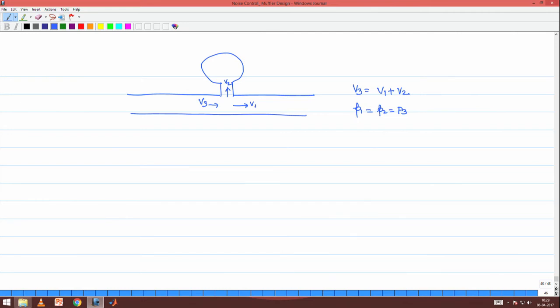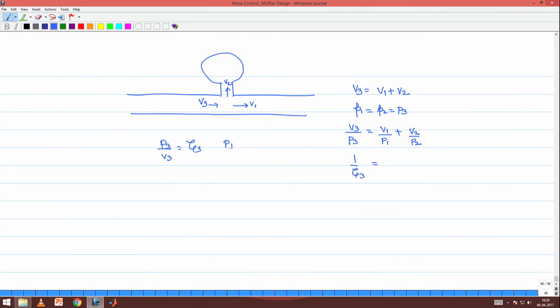Now if this is so, then what we can write is V3 by P3 equals V1 by P1 plus V2 by P2. If we call the impedance P3 by V3 as zeta 3, then this can be written as 1 by zeta 3.